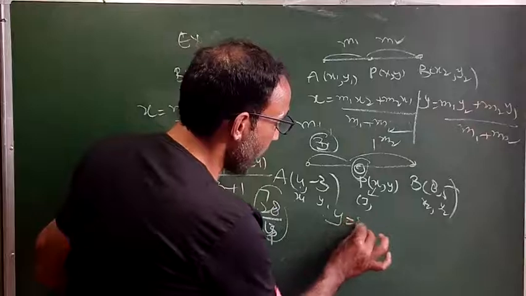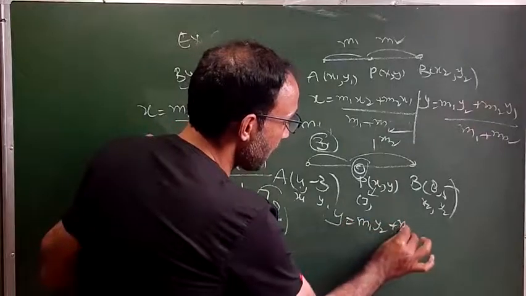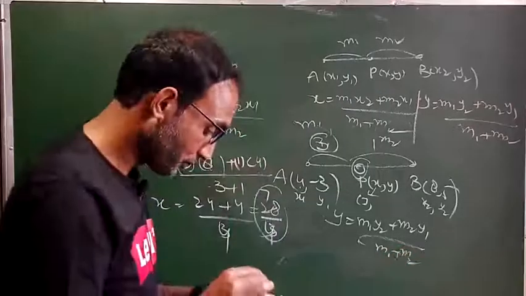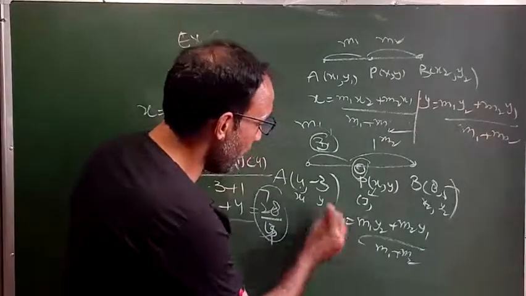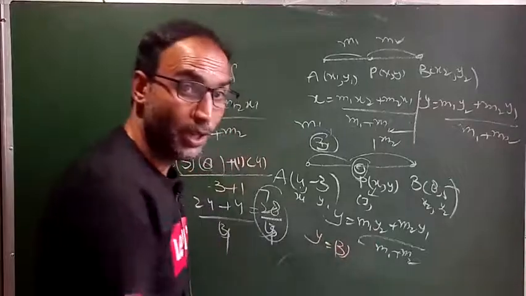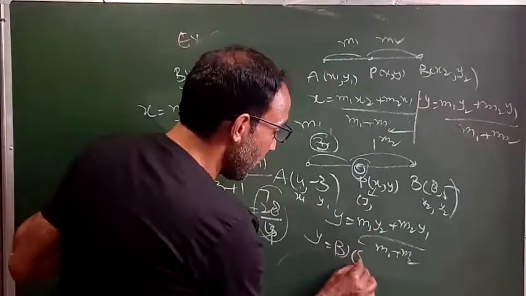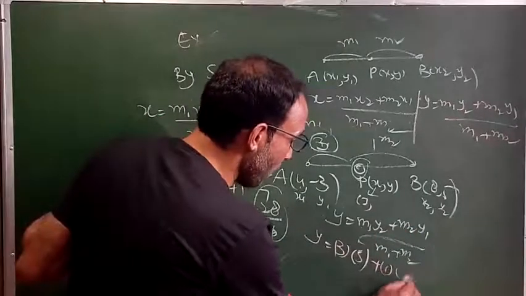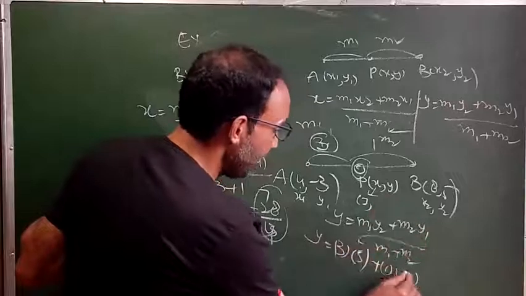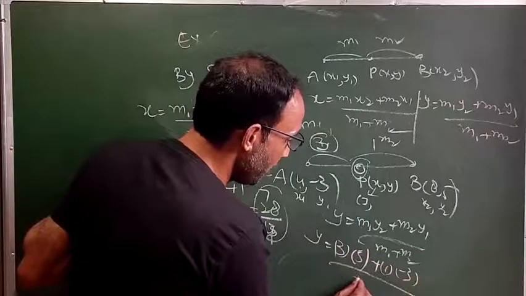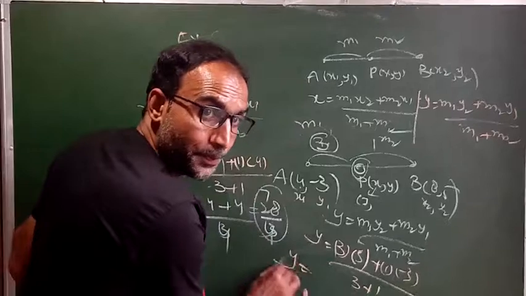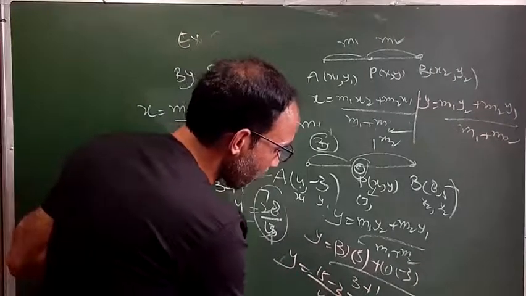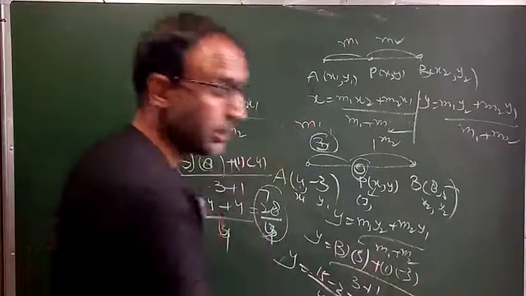Now we will determine its y coordinate. Y coordinate is equal to m1 y2 plus m2 y1 upon m1 plus m2. Keep in mind, m1 is 3, y2 is 5, plus m2 is 1, y1 is -3, upon 3 plus 1. We get 15 minus 3 upon 4, which is 12 upon 4, and this is equal to 3.